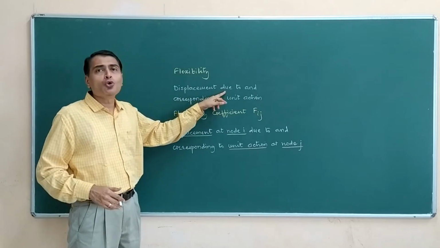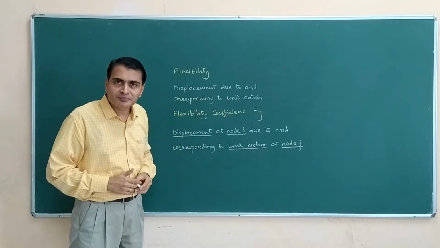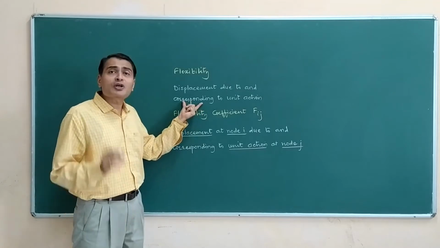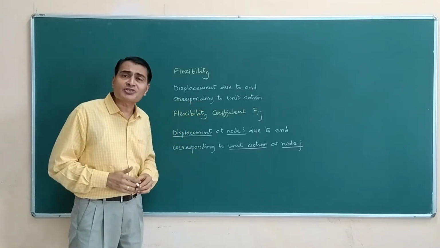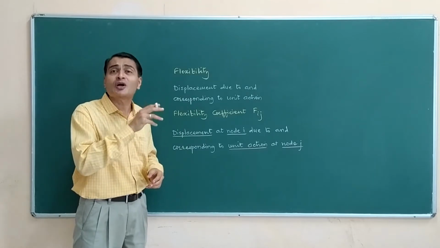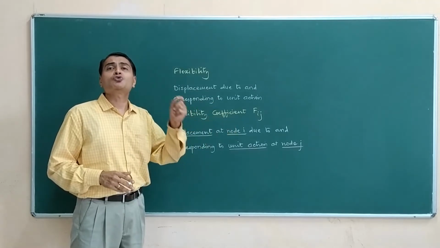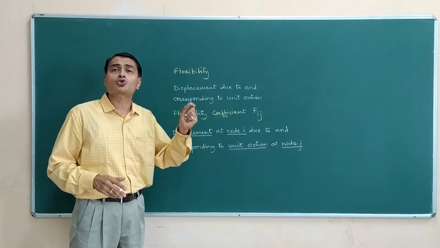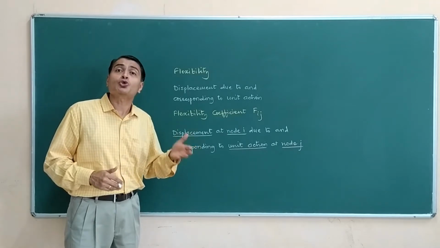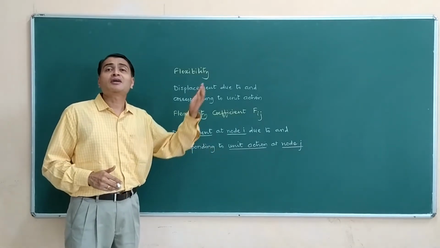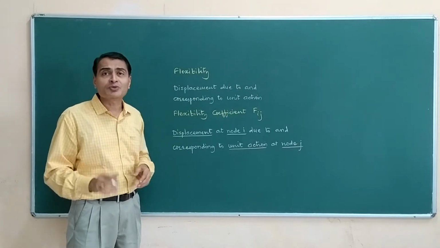So due to only points out that it is because of some action. But when I use the words corresponding to, it becomes very clear that if the action is a couple moment, then the corresponding displacement is only rotation or slope. If the action is a unit force, then the corresponding displacement has to be deflection.